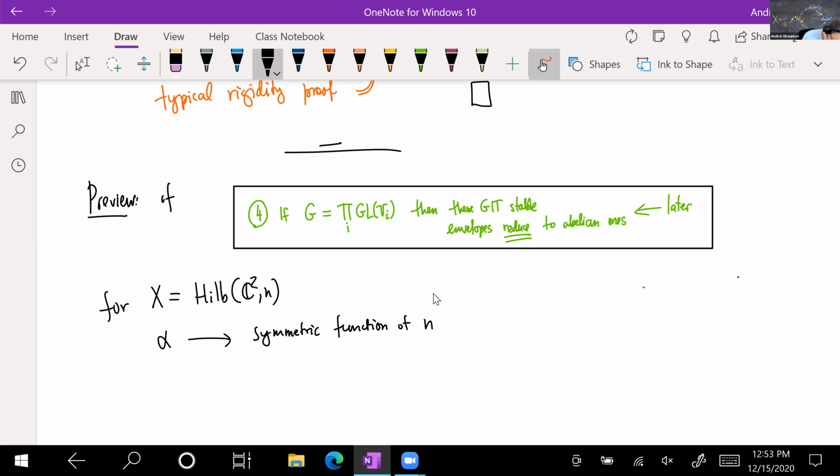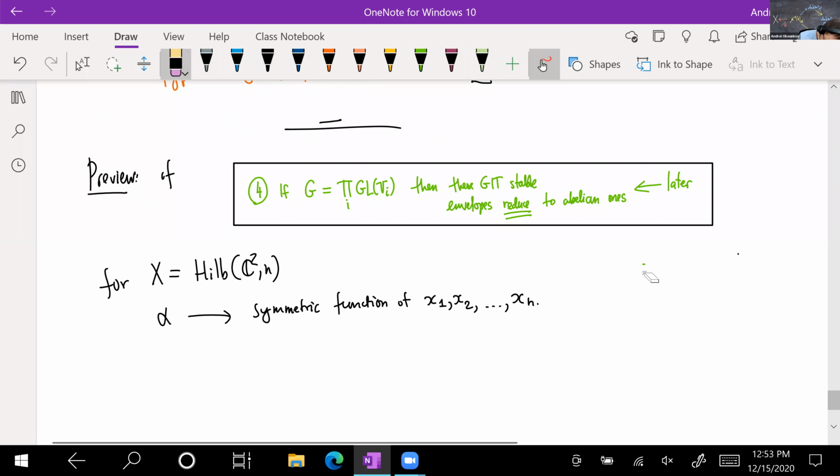Of n variables x1, x2, through xn. And what we will do, we need a map from a cohomology class to a symmetric function. That's the stable envelope.